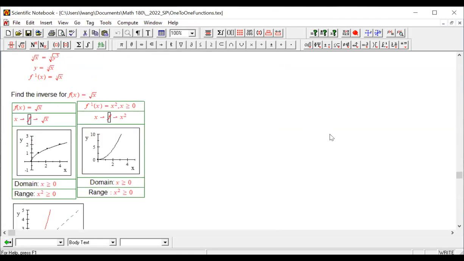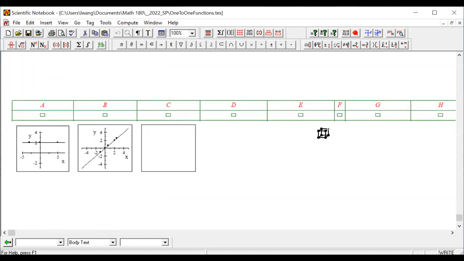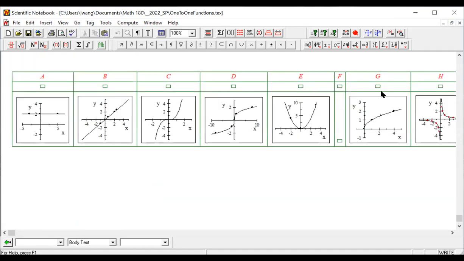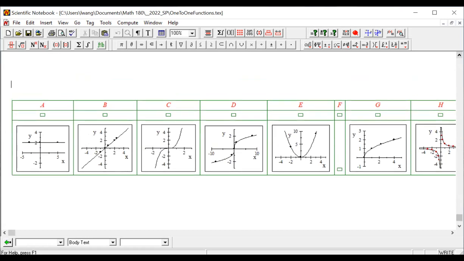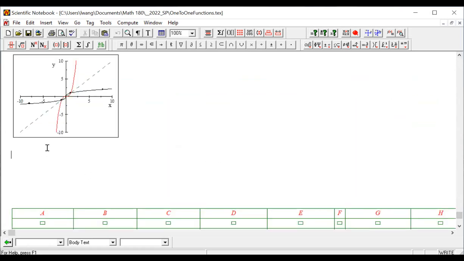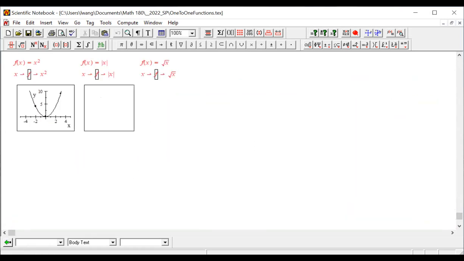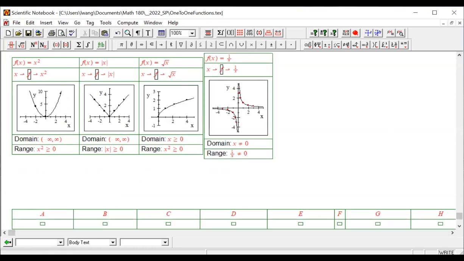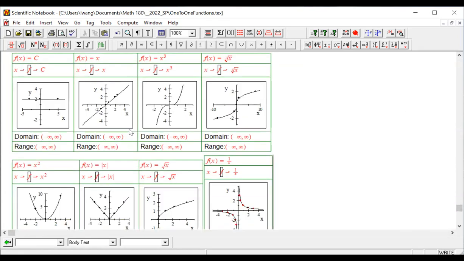Okay, so we have studied all of these functions, right? And we know that this has no inverse. This one has an inverse, we didn't find it, you're going to find it. And these two functions are inverse to each other. We put them together in the same picture.